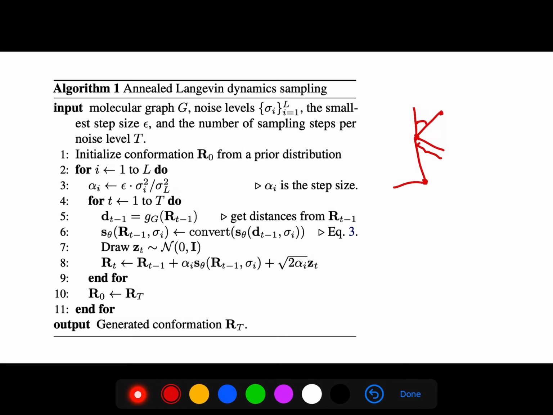Then you get these distances from G, and then you go from the score of D to the score of R using that chain rule, and now we just need to learn the score of R, the conformation R. Then we update it because it's Langevin dynamics. It's recursive, it's a stochastic process. So we update it.